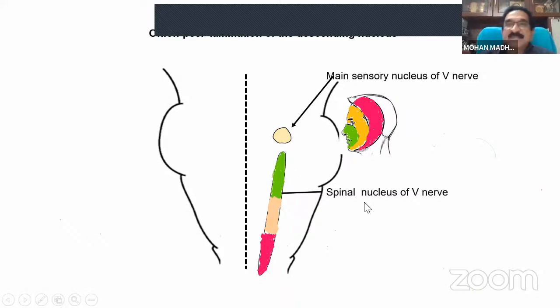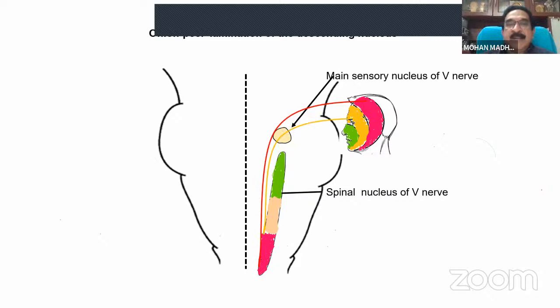The pain fibers of the face can be divided into three laminations, one in and around the face. Then the outermost is the one shown on the right. The fibers from the outermost part of the face, that is towards the periphery of the face, descend most down, in the caudal part of the spinal nucleus.